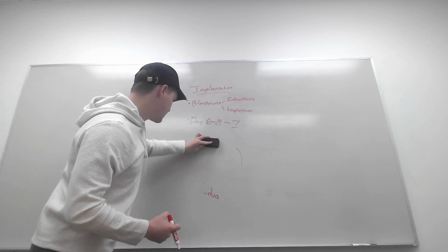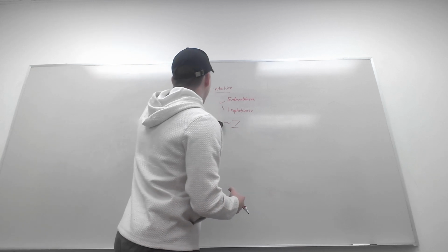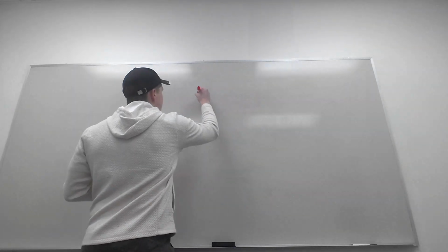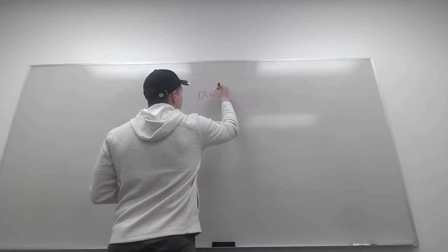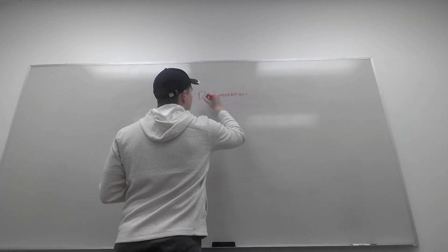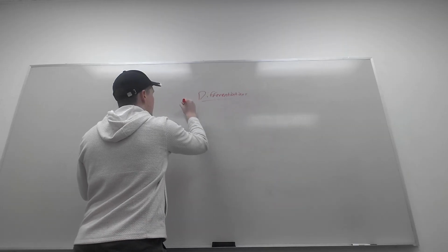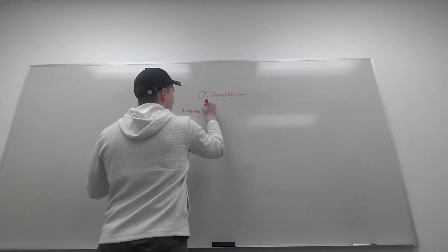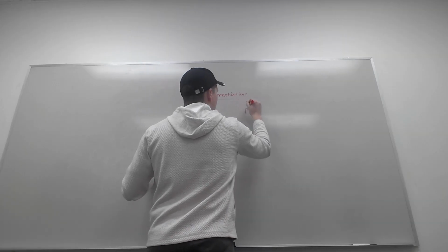So I'm going to erase all this. Okay, differentiation. Remember, it's kind of the week of 2s, if you will. So remember our two types of cells in the blastocyst are the trophoblasts and the embryoblasts.